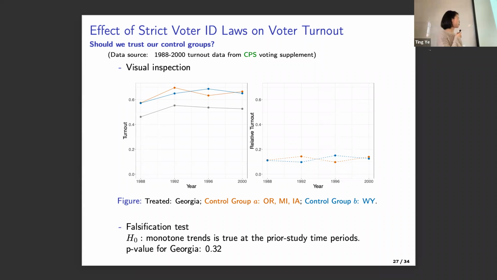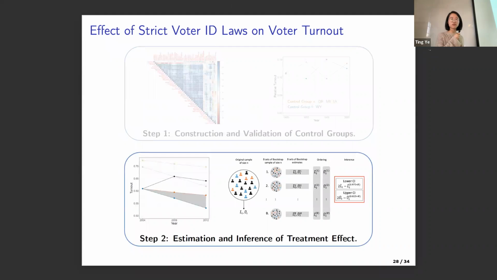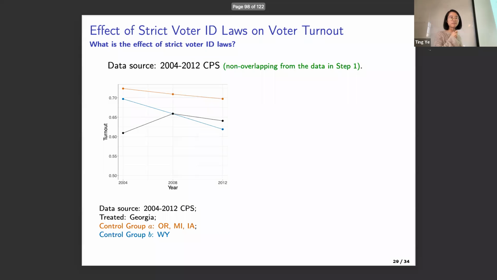We also propose a falsification test, which is similar to the standard DID parallel trends test using the pre-period. Not rejecting the null doesn't mean the assumption is satisfied, but rejecting the null does demonstrate some evidence of violation. In this case, we find no evidence of violation. So let's move to the second step, constructing inference for the treatment effect.